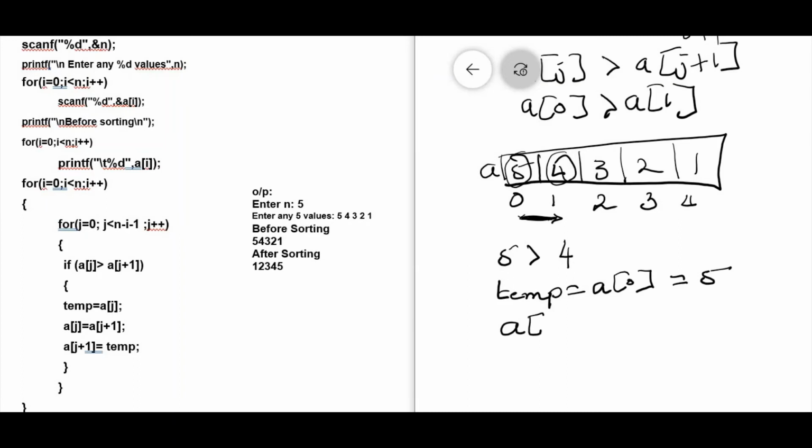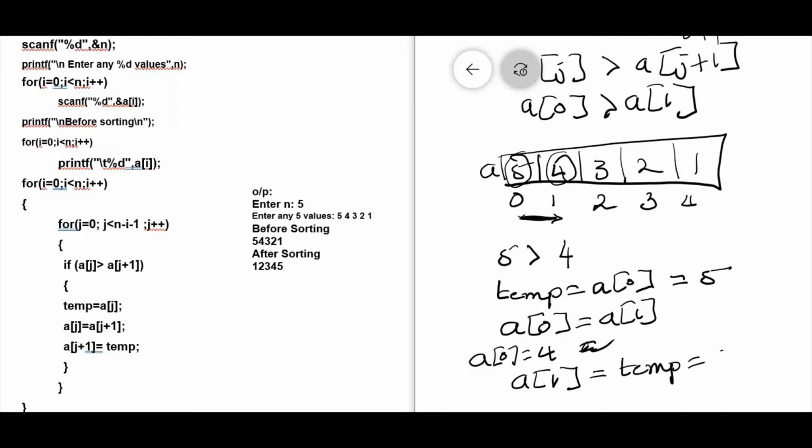Then I am performing a of 0 is equal to a of 1. That is, now a of 0 will contain 4. Now next step, we are saying a of j plus 1, that is a of 1, should contain temp. temp is nothing but 5.